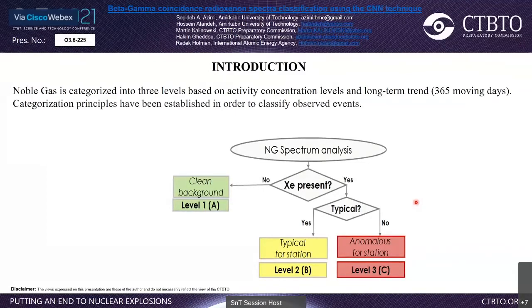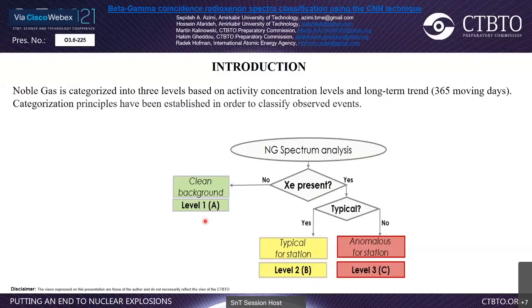As you can see in this figure, radioxenon is categorized into 3 levels based on activity concentrations. For each sample, the threshold of the anomalous concentration is updated. It is obtained with a special formula from absolute activity concentrations of all samples of the previous 365 days.